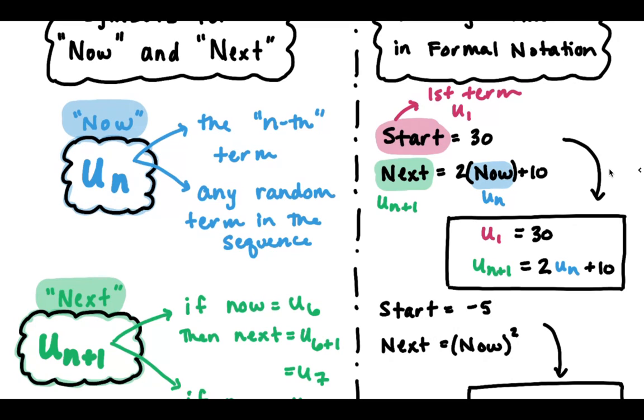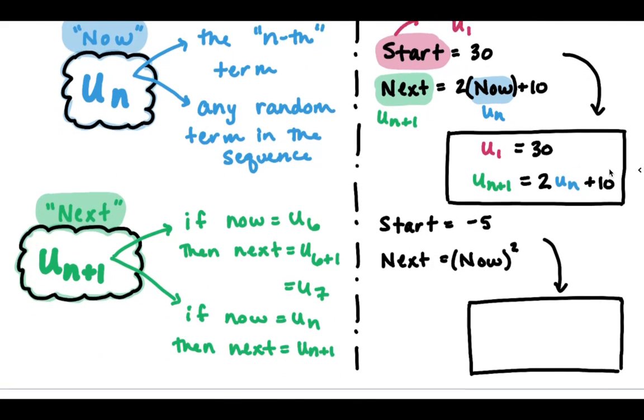When you're at that random term, you get the next term, the term right after that random term, which is u sub n plus 1, by taking your random term, u sub n, multiplying it by 2, and then adding 10. So this is kind of the translation of our rule into math symbols.